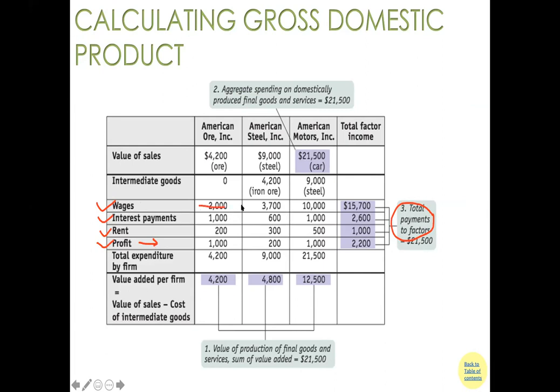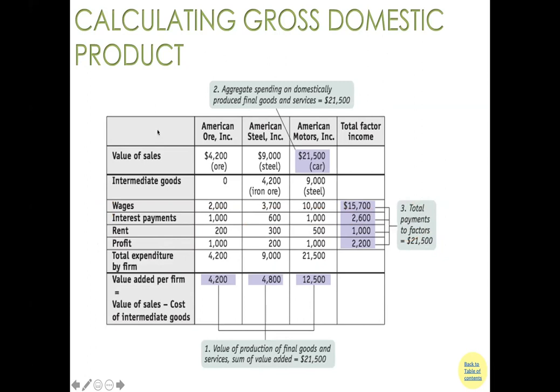Then we add those numbers together, we get the total wage of this number. Similarly, we add all interest payments together, we get 2,600, and so on and so forth. We add these four numbers, we're going to get 21,500. All right? So those are three different approaches and they give us the same number.